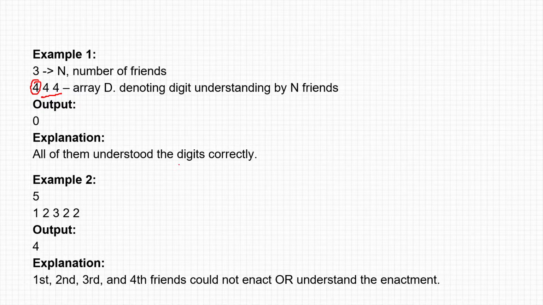All the friends except Alice have written the wrong thing on the paper. So the output is 4. The first, second, third and fourth friends could not enact what Alice has given them.